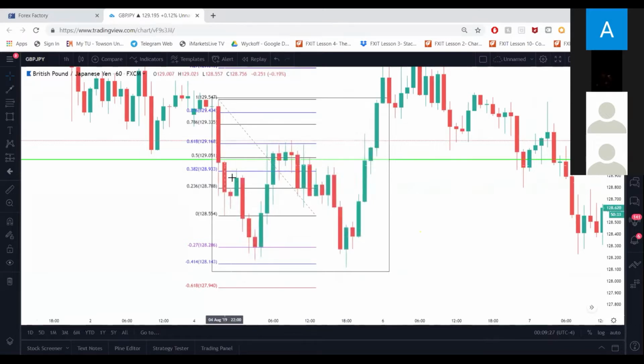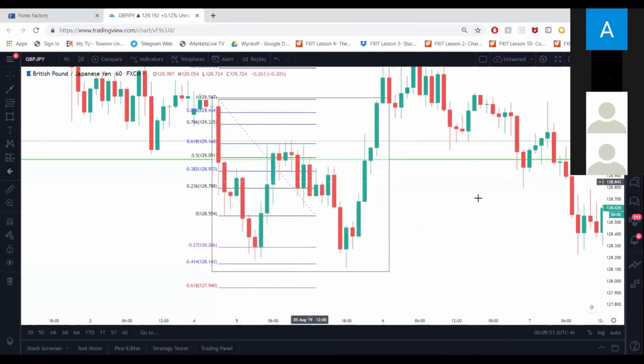Why? Because when we get the 38.2 retrace, almost 95% of the time we get the TP at negative 27, or some people will mark it 1.27. This is the same as a fib extension. So this level has been reached, from 38 to 27, and then we get the pullback.